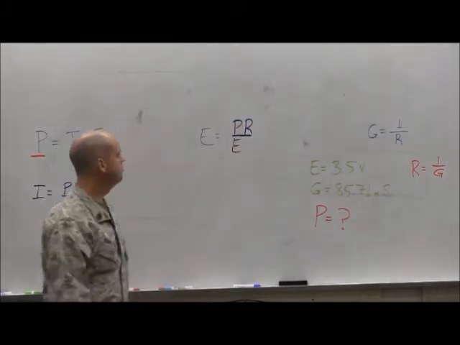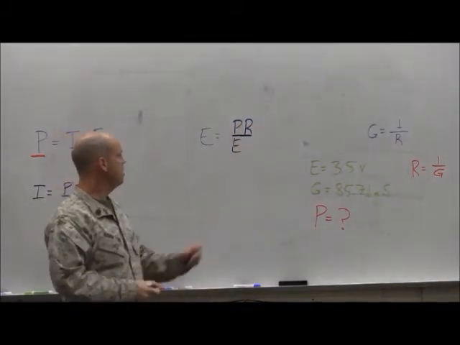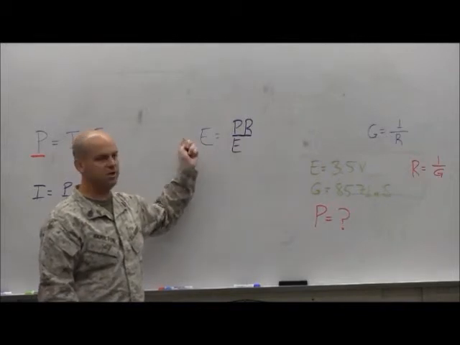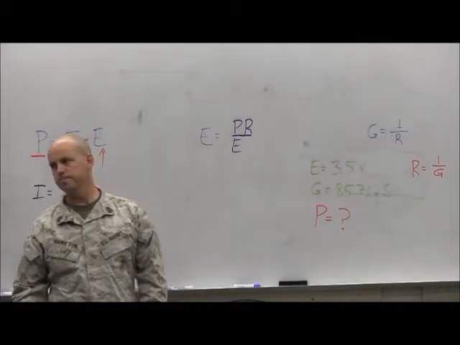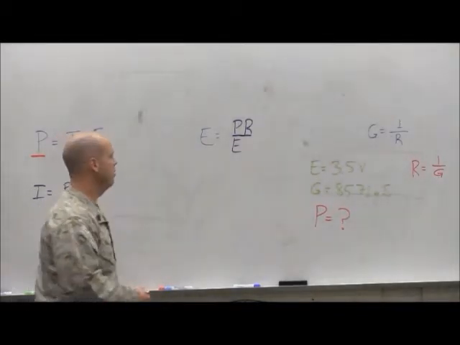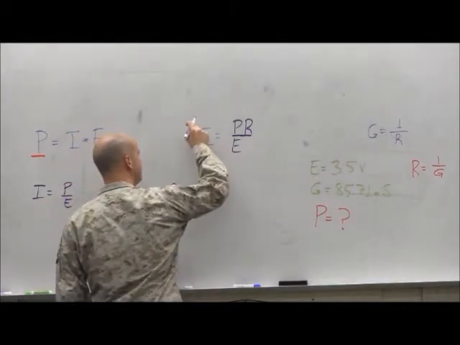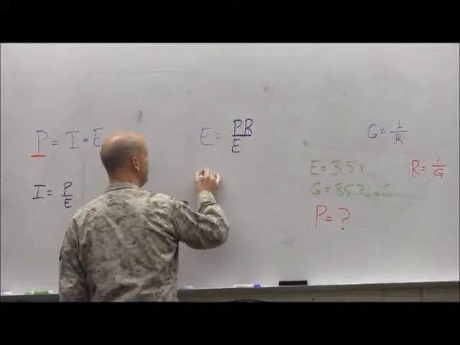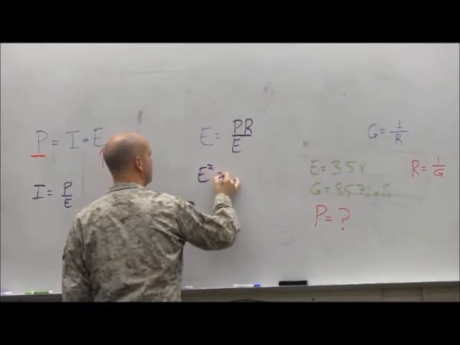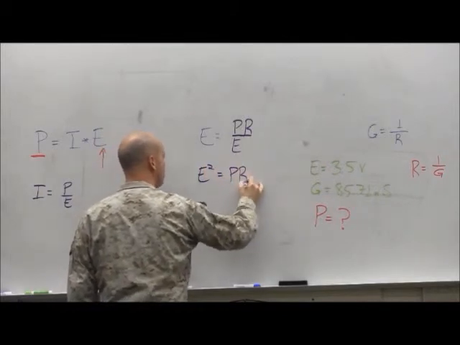Is that correct? Yes. I can then move this E over to the other side by cross multiplying, right? That would give me E times E, giving me E squared, and that's equal to PR.